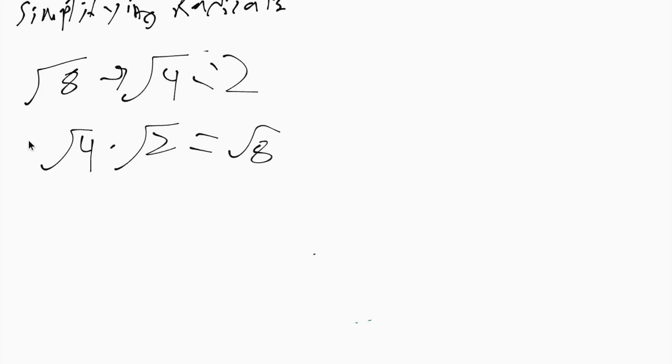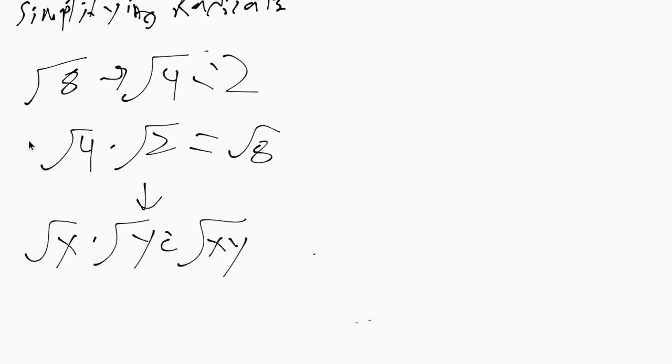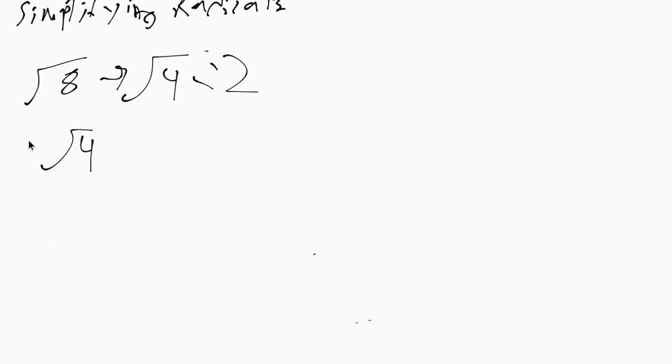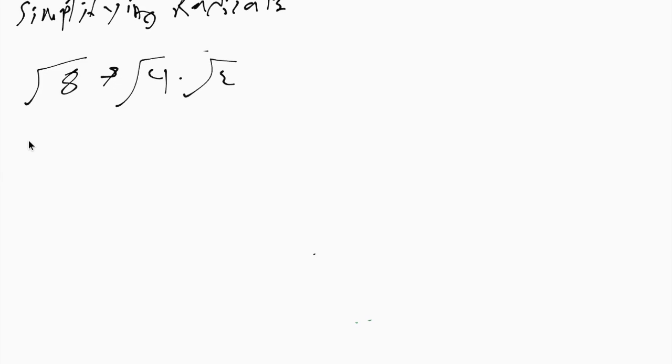Root 4 times root 2 equals root 8, because root x times root y is root xy, no matter what numbers you take. So we now conclude root 8 is equal to root 4 times root 2, like we saw before, which is 2 times root 2, because root 4 is 2.